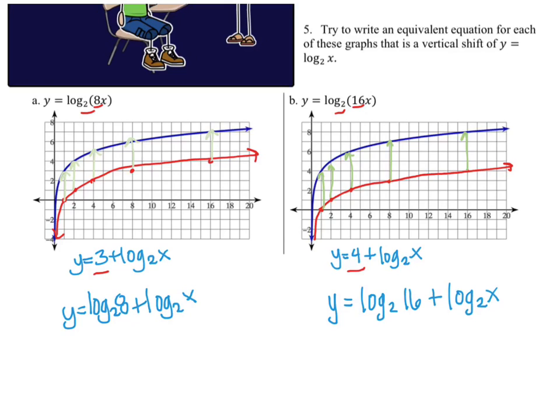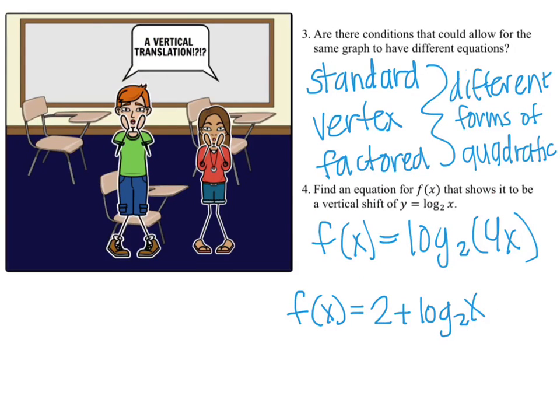So once again, all I've done is I've just rewritten this 3 as a log. Log base 2 of 8 equals 3. I've rewritten this 4 as a log because log base 2 of 16 is equal to 4. I could do the same thing with what we had on the previous page.